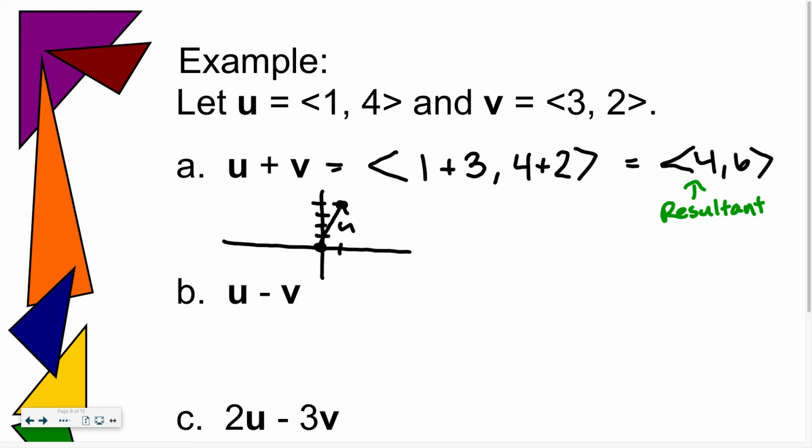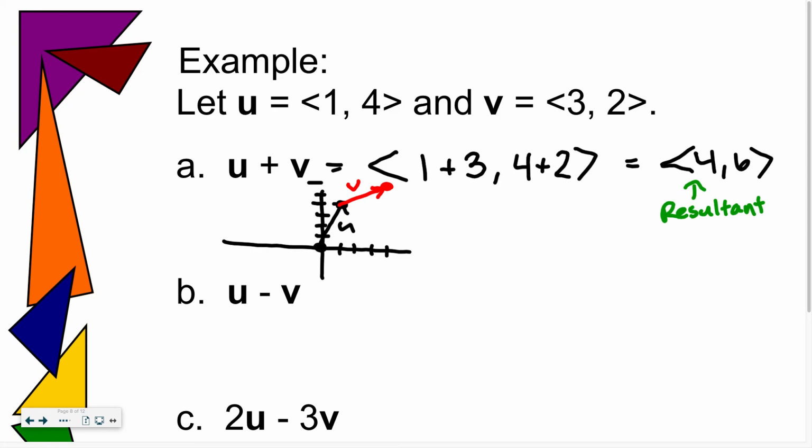I'm going to be adding v onto that. So that means I'm going to go right 3 and up 2 from this point. And there's my v.